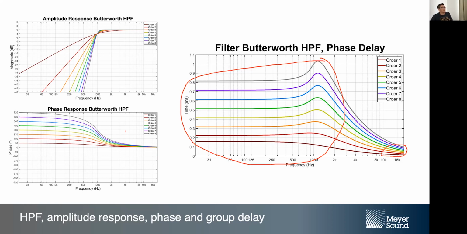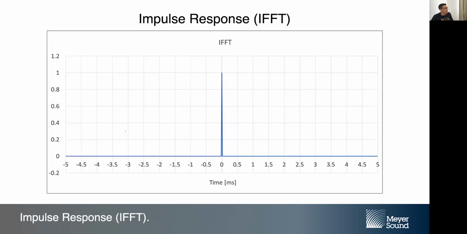Okay. So if we move on right now, we're going to see an impulse response. In this slide, we're seeing an impulse response like if we were measuring a cable. The cable is going to have a flat amplitude response and a flat phase response, and we are seeing an impulse response obtained from that measurement.